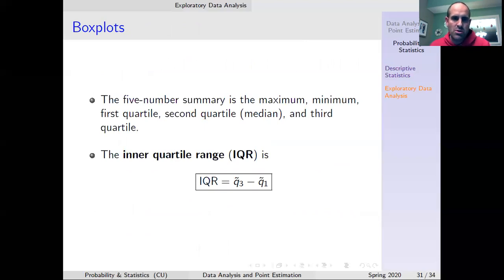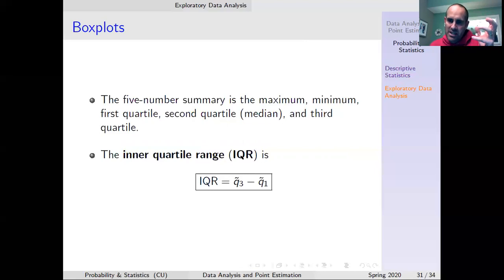Another tool in the analysis of data is something called a box plot. Sometimes it's called a box and whiskers plot because it looks like a box with some whiskers on it. A box plot is another way of quickly being able to see what the data looks like.